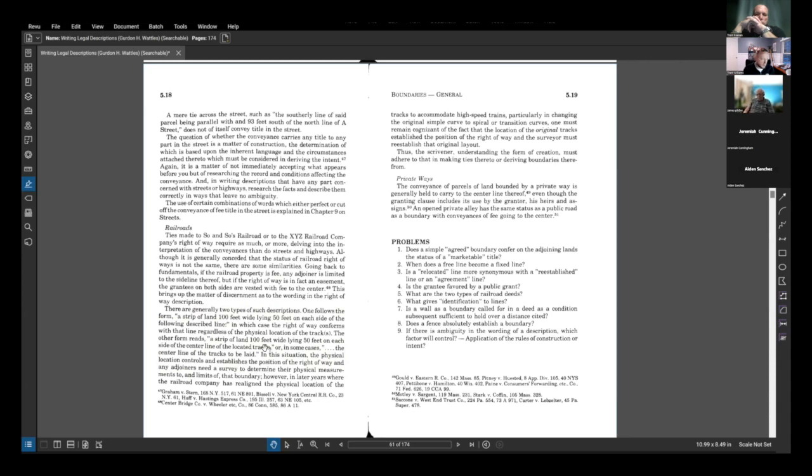Question number 7, is a wall as a boundary called for in a deed as a condition subsequent sufficient to hold over a distance cited? Well, if the deed says to go to a wall and that's the wall that you find and they're the same, it's pretty easy then to interpret the intent was to go to the wall over the distance because it's an easier thing to call for.